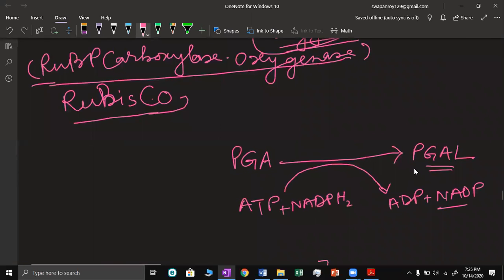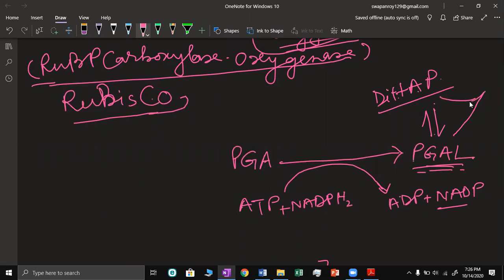Actually phosphoglyceraldehyde is produced, and another compound which is an isomer of phosphoglyceraldehyde is known as dihydroxyacetone phosphate, DIHAP. These two are isomers, so they can convert. DIHAP can change into PGAL, and PGAL can change into this.